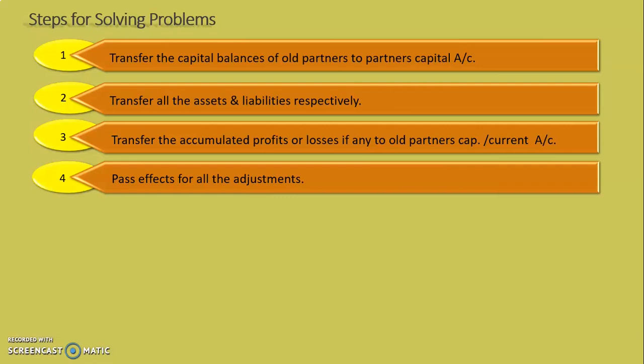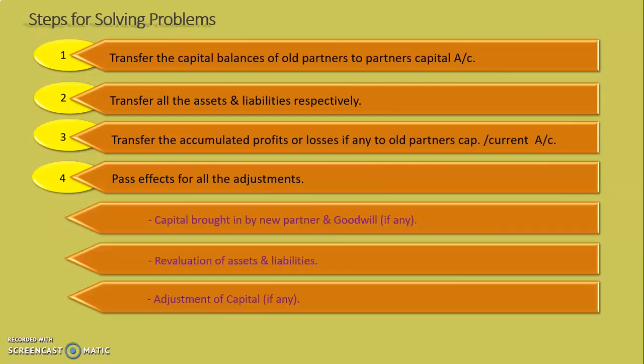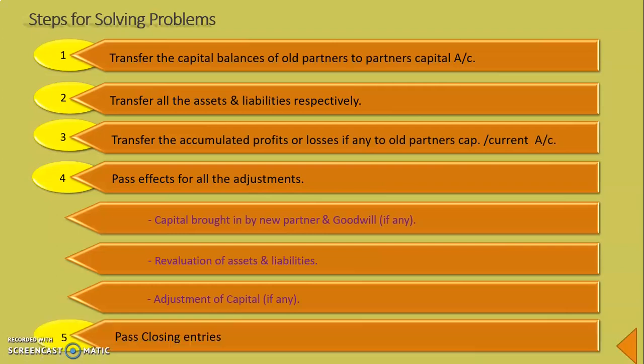After that, we need to pass effects for all the adjustments like capital brought in by new partner and goodwill if any, pass entries for revaluation of assets and liabilities, and adjustment of capital if any, and then pass closing entries to close the revaluation account, then partner's capital account, and at the end close the balance sheet and get it tallied.